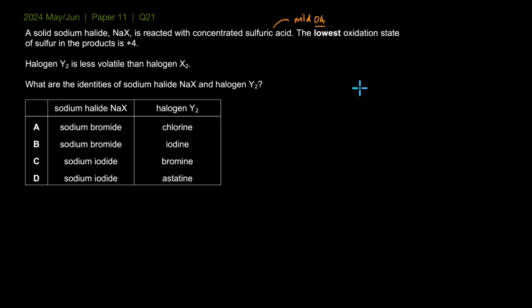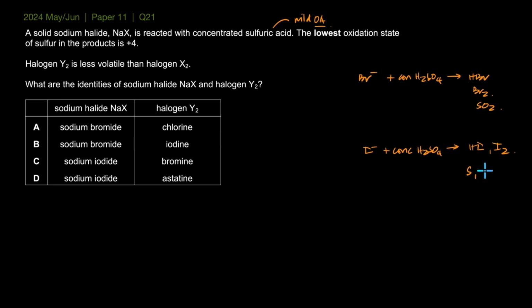And so with bromide, just a recap, and sulfuric acid, you make HBr, which then becomes Br2, and you make SO2. With iodide and conc. sulfuric acid, you make HI, and then you make iodine, but then you also make sulfur and you make H2S.